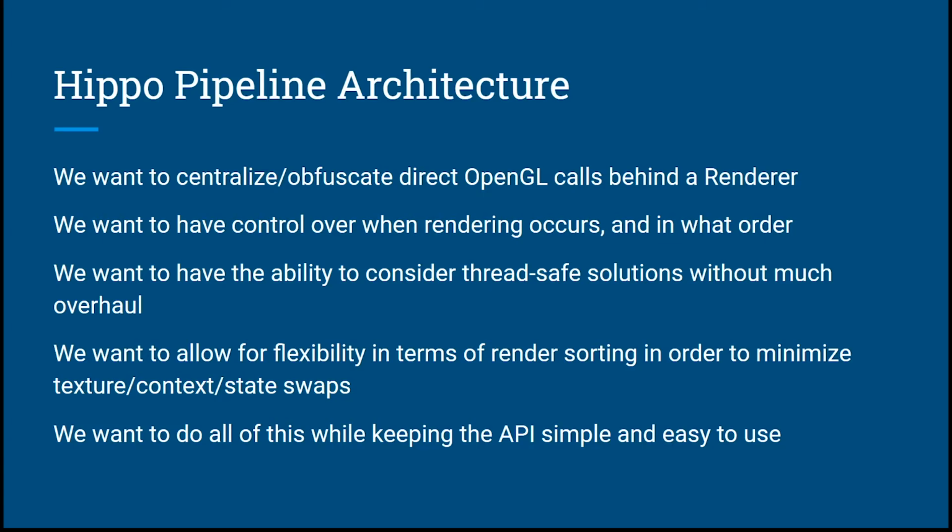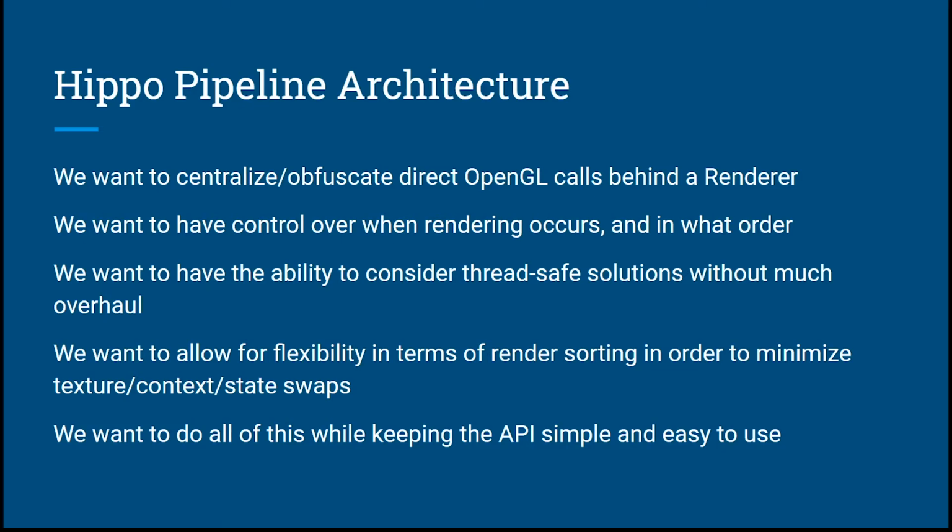We want to have control over when rendering occurs and in what order we render things, right? And while doing that, also ensuring that we can consider if this can be made thread safe in an easy way, right? It doesn't mean we're going to prioritize thread safe at the beginning, but if it's all obfuscated in certain ways, we can actually ensure that when we make that step, it's a little easier for us.